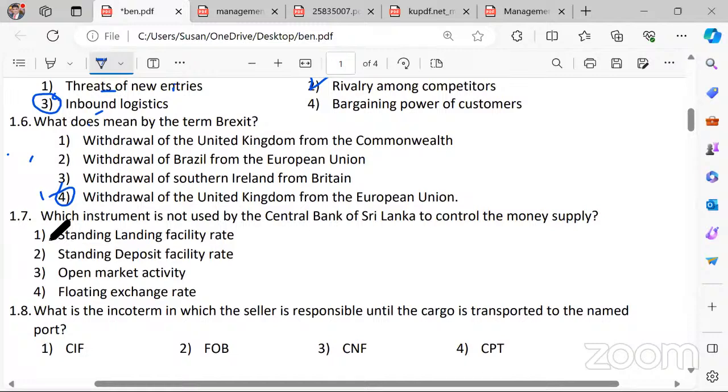Which instrument is not used by the Central Bank of Sri Lanka to control the money supply? Now, the Central Bank is controlling the money supply. What is the Central Bank using? The Central Bank is using many instruments. First, you mark.